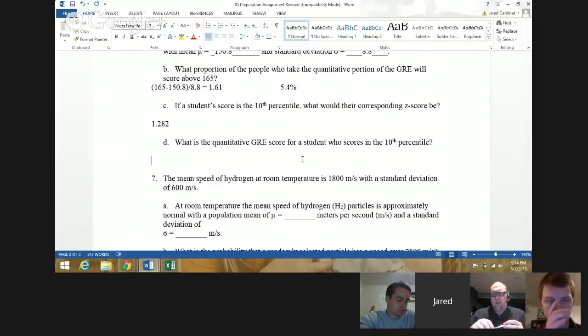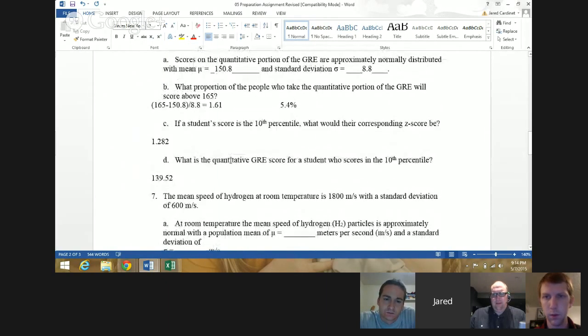Do you have a calculator for figuring out the other way? Yes. What's the z-score? Negative 1.282. It comes out to be 139.52. Is that what you guys got? Yeah.